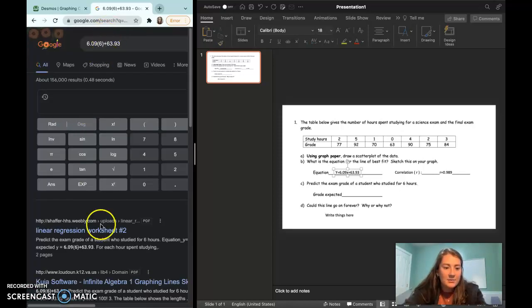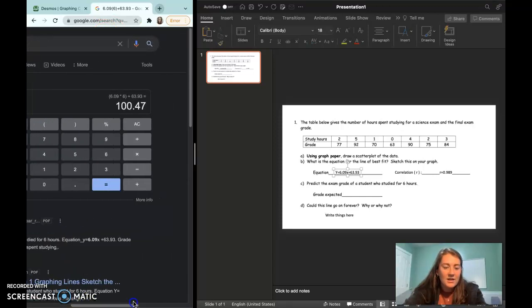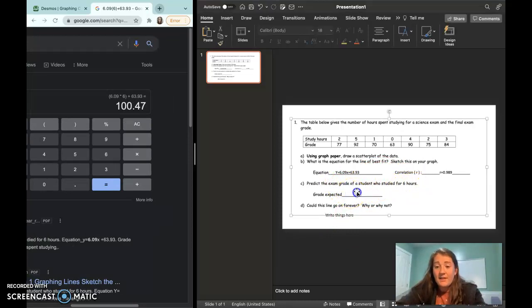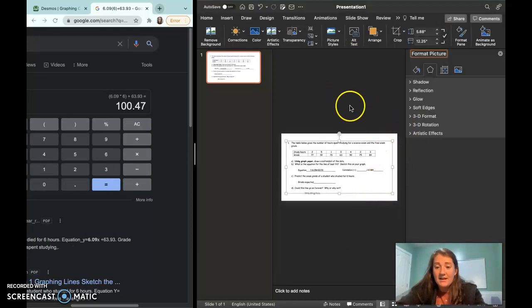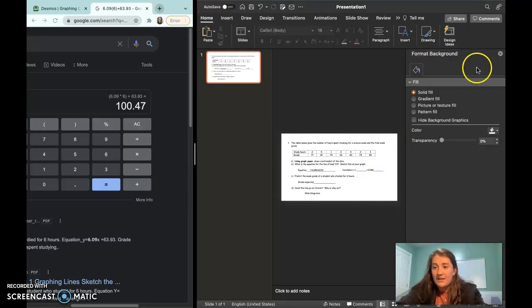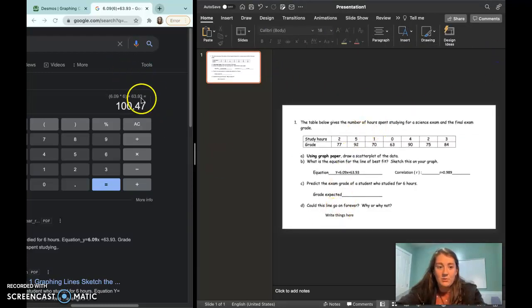And that's going to tell me that it is 100.47. So if a student studied for 6 hours, the expected grade is actually a 100. We would expect them to get a 100. A little bit more, but 100 is the best we can get.